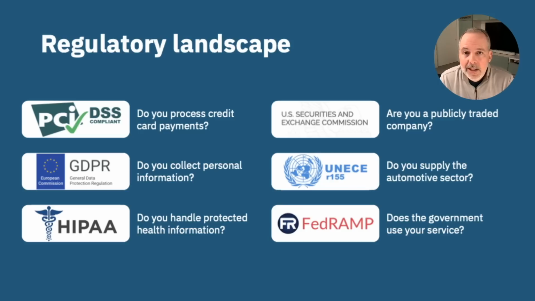The SEC has a new regulation that's best known for its 4-day breach notification requirement. But publicly traded organizations now have to report their security programs, including any risks to APIs. The United Nations has a whole cybersecurity requirement for automotive manufacturers and suppliers.